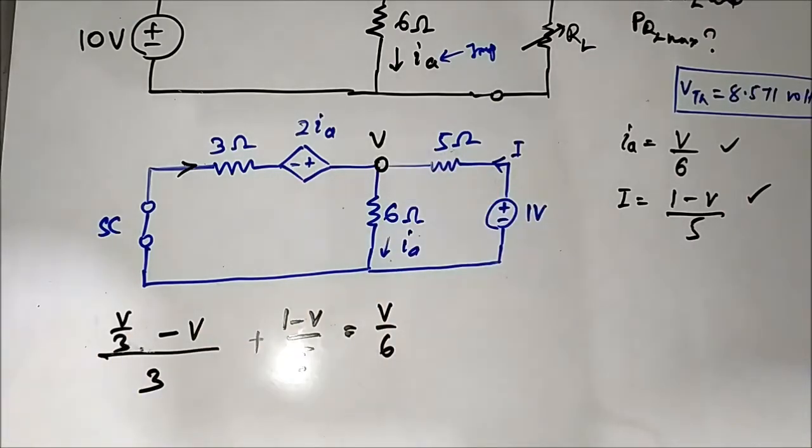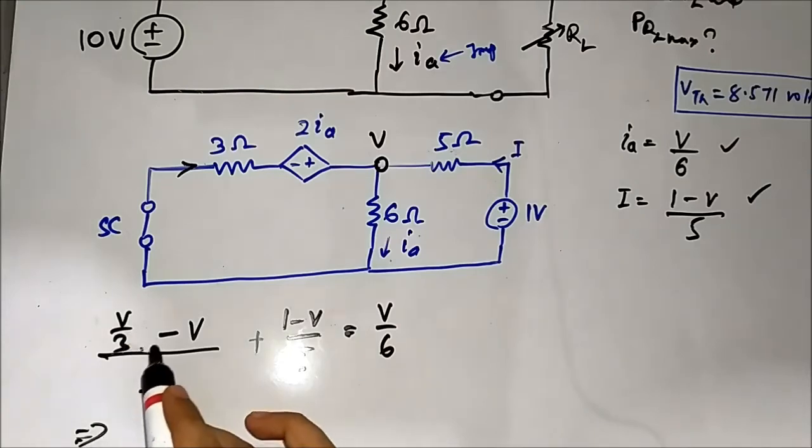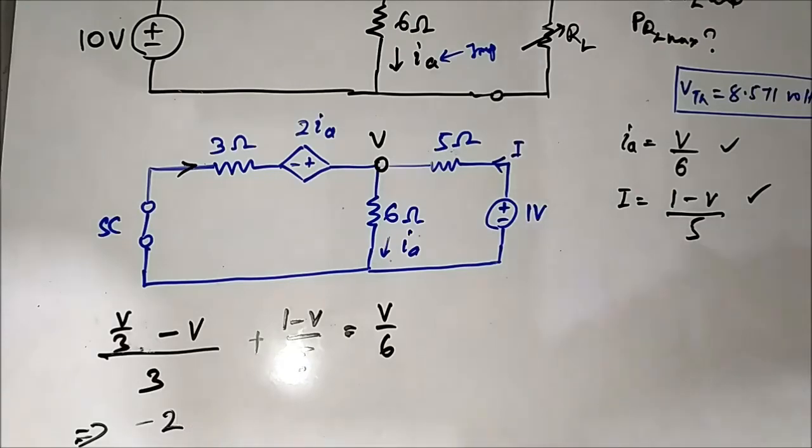Now it is easy to handle it. So here it is V by 3 minus V, which is equal to minus 2V by 3, which is equal to minus 2V by 9.